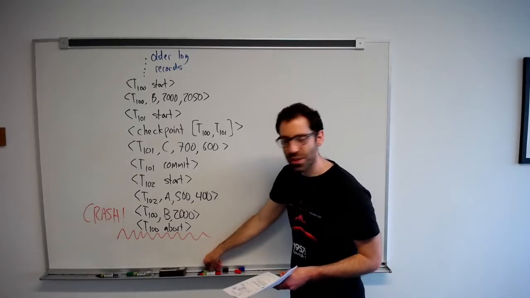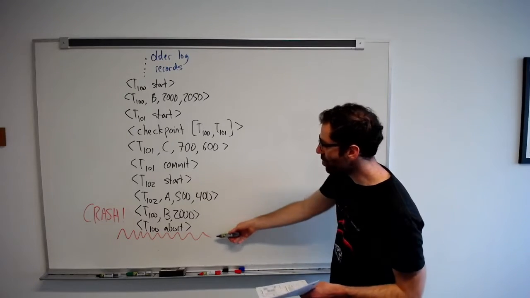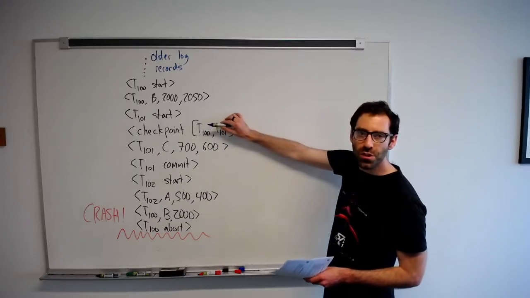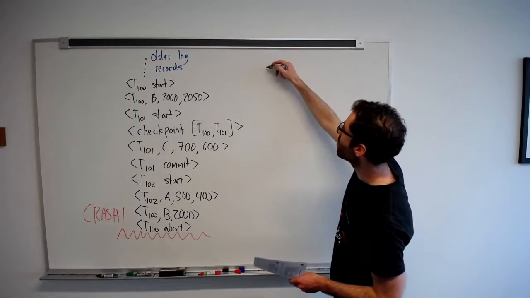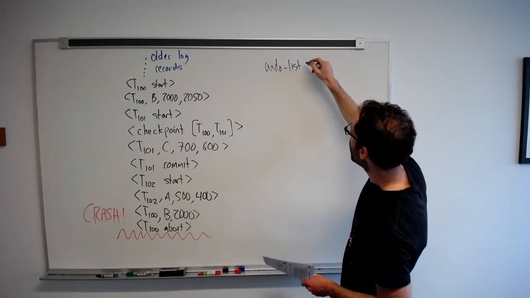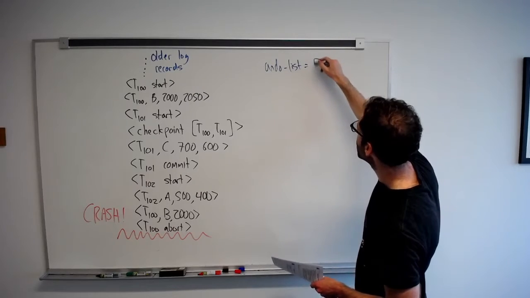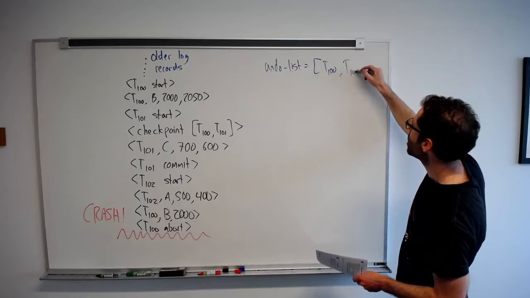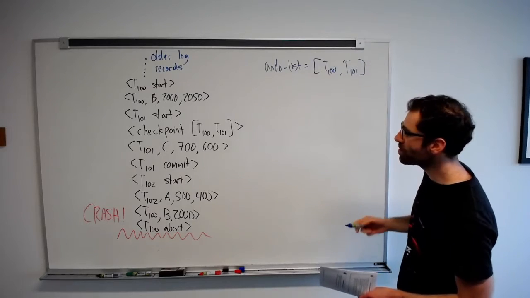And the first step of the redo phase is to scan backwards until we see a checkpoint. Okay, here's our most recent checkpoint, and our undo list is T100 and T101, at least at the moment.